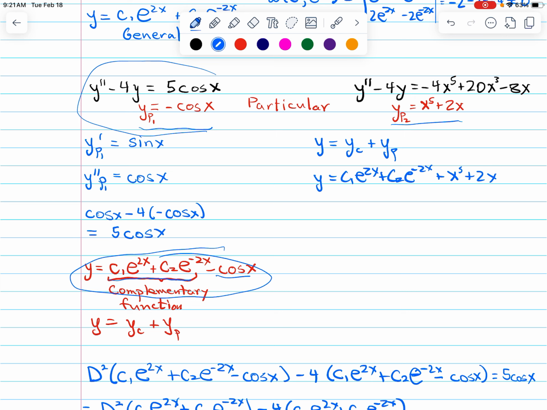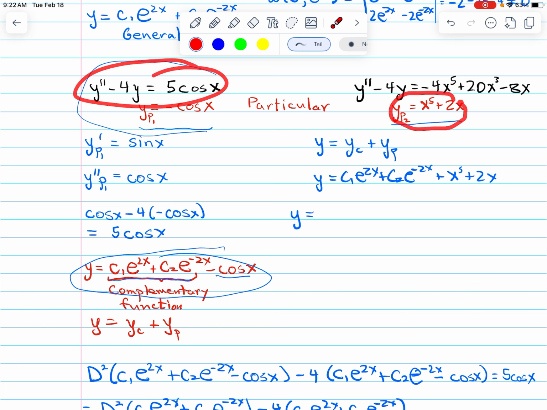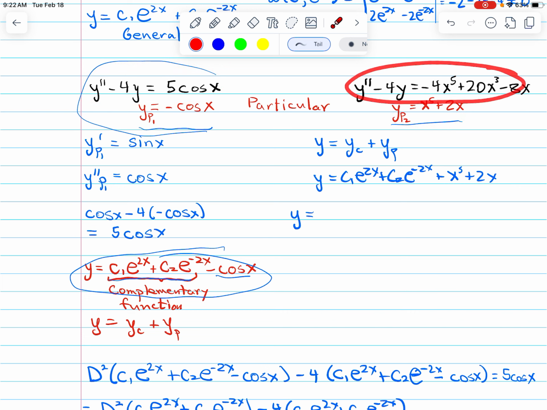Now, I want to show you the superposition principle for non-homogeneous differential equations. If y sub p1 is a solution of this differential equation here, and y sub p2 is a solution for this differential equation here, here's what we've got.